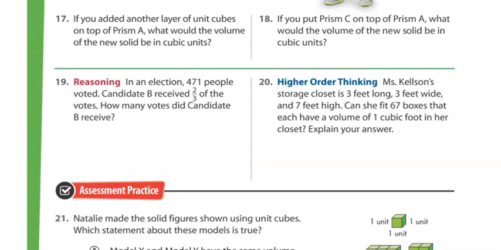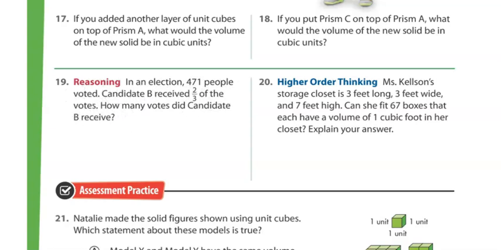So when you're reading through this, you want to think about how we can represent this question. So in an election, we have 471 people who voted, which means that we have 471 votes. So how you want to read this is candidate B received 2/3 of the 471 votes.